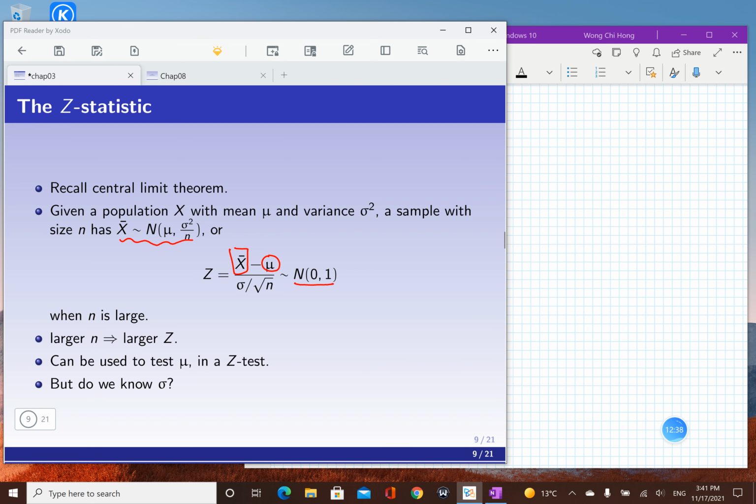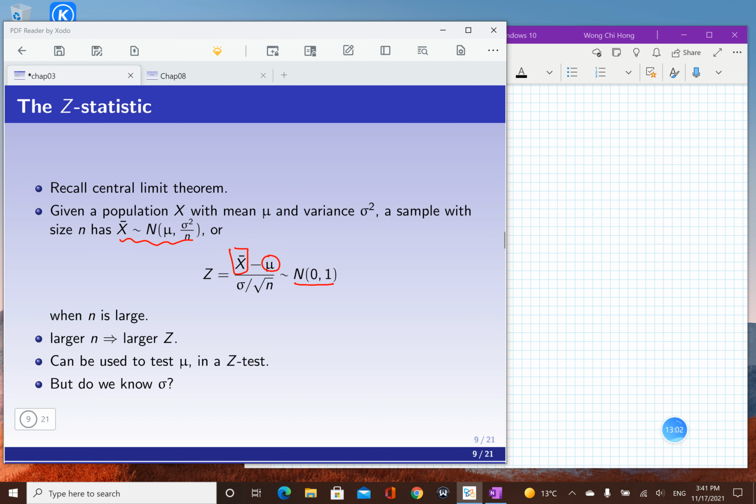But on the other hand, if you have a square root, if you have n so large, like 50, 100, 2000, so large a sample that any small difference between your x bar and mu will be magnified enormously because you multiply by this square root of n at the end.